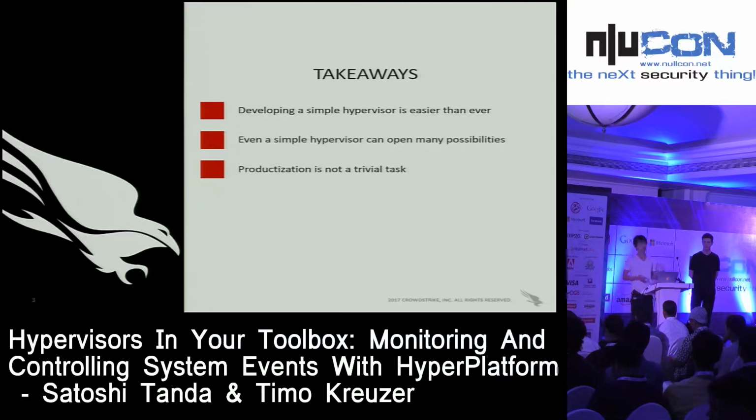And if it is writable, then the processor just executes the instruction. But if that page is configured to be read-only, non-writable, then the processor triggers the VM exit. And HyperPlatform can do something interesting, what you want to do.